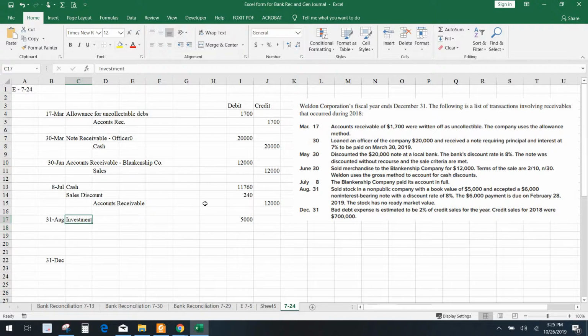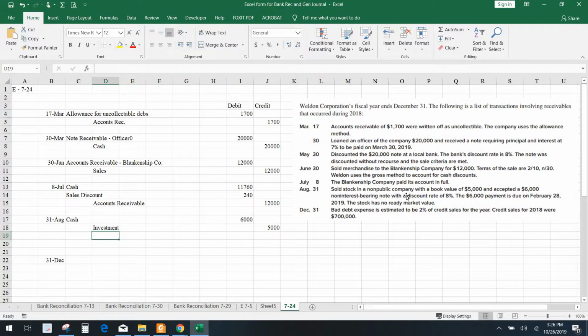Actually, no. They received 6,000 in note. But their investment was only 5,000. So we have to figure out where that other 1,000 went.